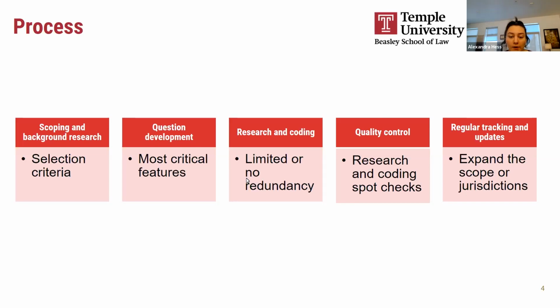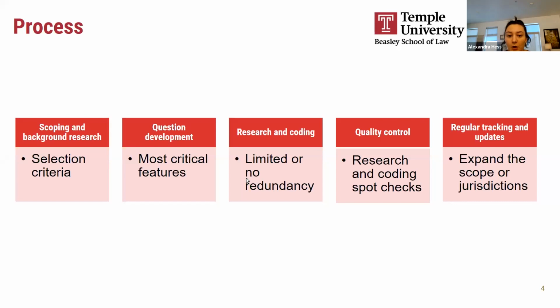Much like policy surveillance, in Sentinel surveillance we're creating a question and answer set that we're using to track these variables. Then research and coding, quality control, which I think is a bigger deviation from the standard policy surveillance process, and then finally, regular tracking and updates.